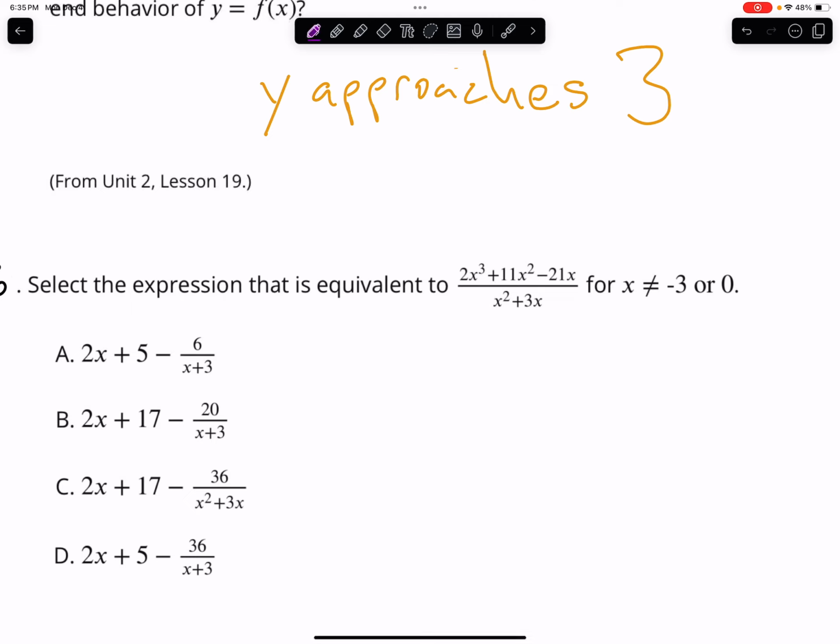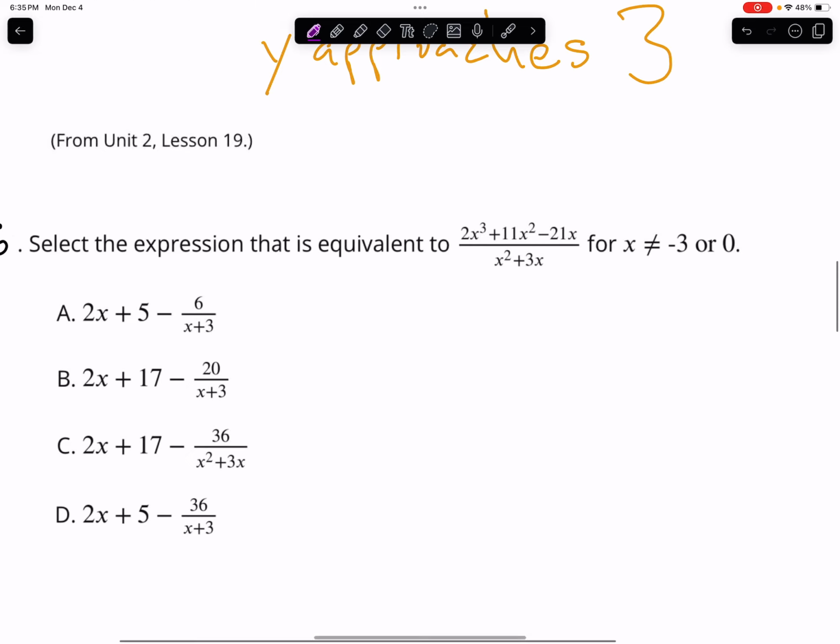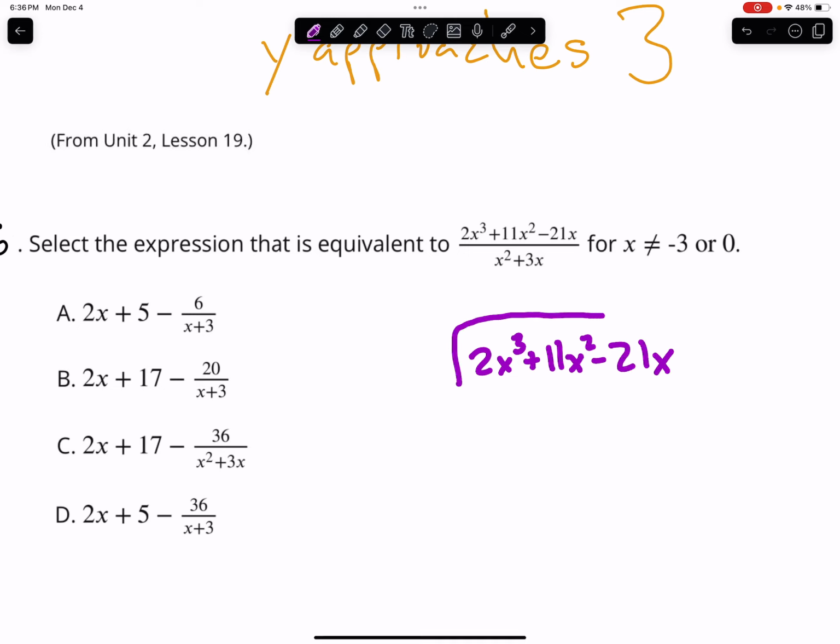It's going to look just like this on your test. You're going to take that numerator, that's what we're dividing, 2x cubed plus 11x squared minus 21x. We're going to divide this by that denominator, x squared plus 3x.